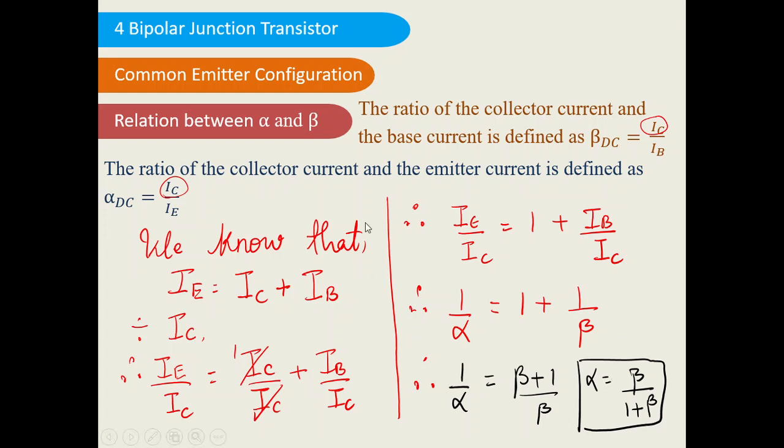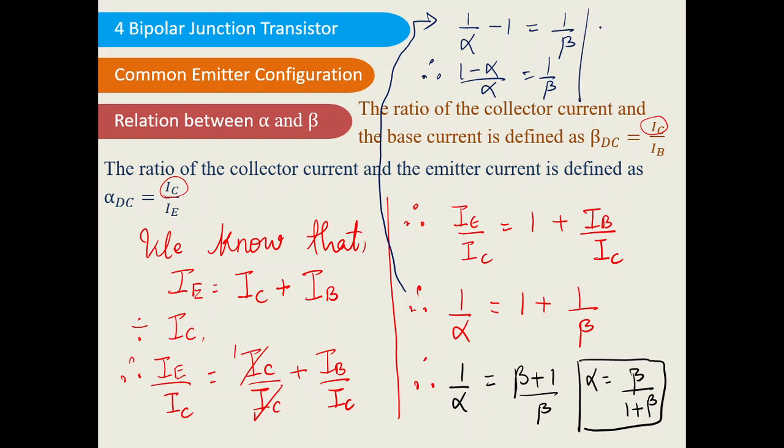Now, if the alpha value is given and we are interested in getting the value of beta, how can we derive it? We will consider the same equation. 1 by alpha minus 1 is equal to 1 divided by beta. Therefore 1 minus alpha divided by alpha is equal to 1 by beta.